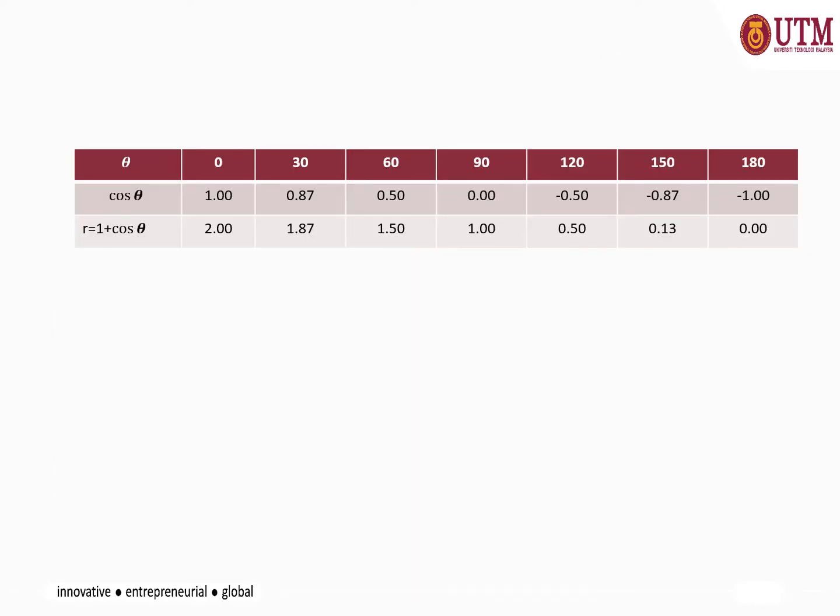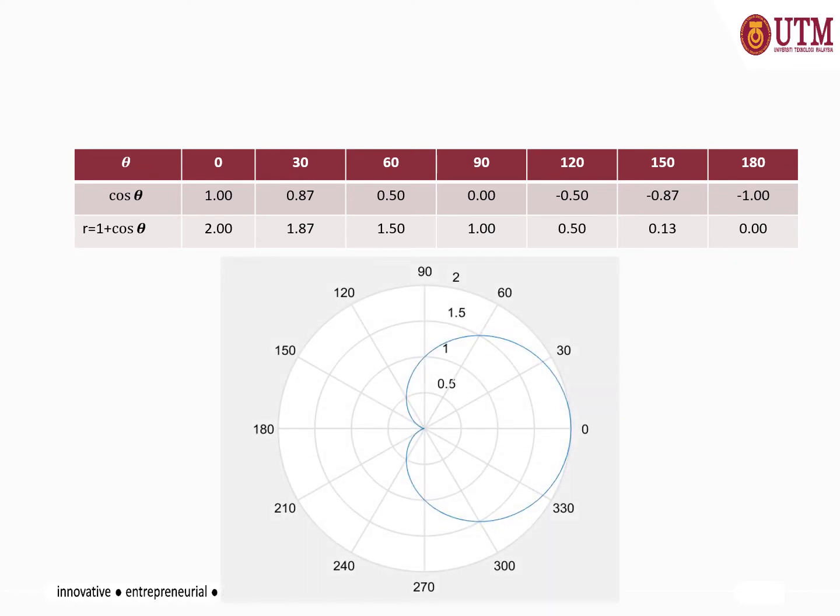Okay, for example this one, and get the value of r. So you just have to plot this from 0 up to 180. Then since it is symmetrical at the x-axis, this is the mirror, so the image of the object would be this one. So you save a lot of time, without having to find the values from 180 to 360.